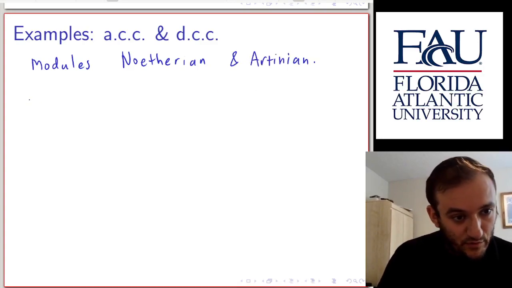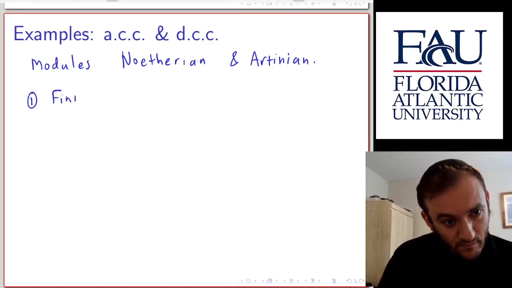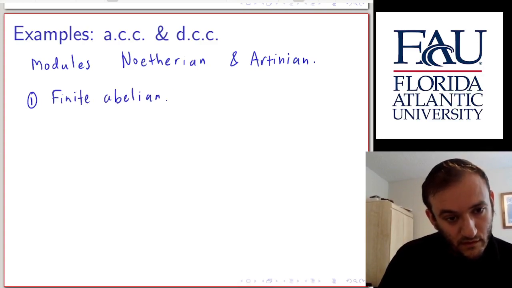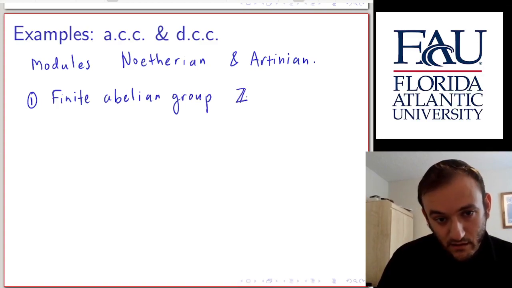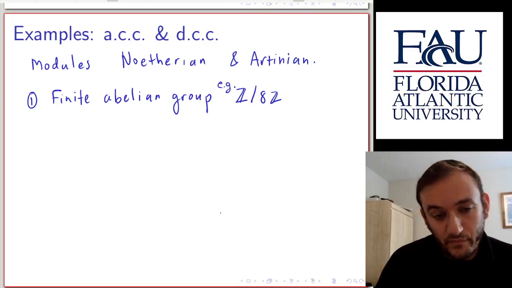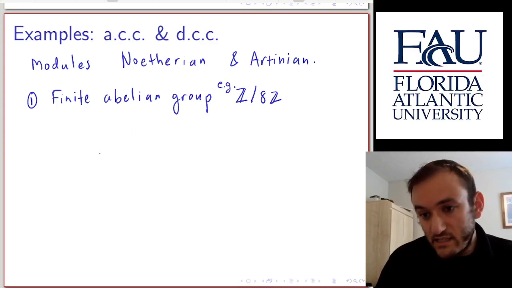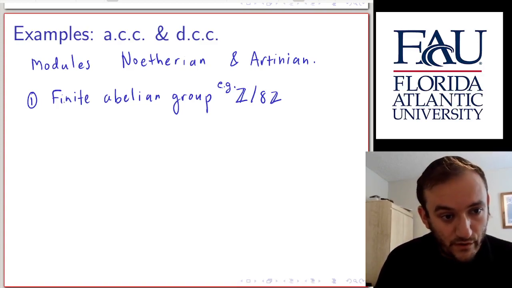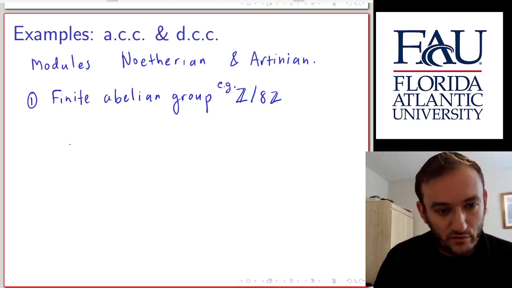A simple example would just be any finite abelian group. So you could pick, for instance, Z mod 8Z. Obviously this is a Z module, so we're still talking about modules over a ring.